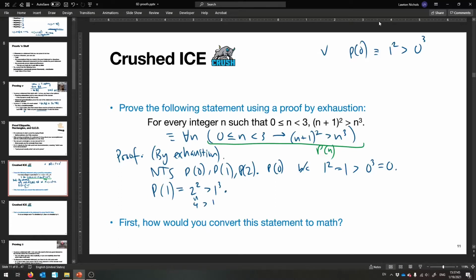P(2) is saying that (2+1)², so 3², is greater than 2³. It's hard to keep all these numbers straight, but I hope you're following me. This is true because this is equal to 9, and this is equal to 8. So I have proven all of those, and that is what I needed to show to prove this theorem.